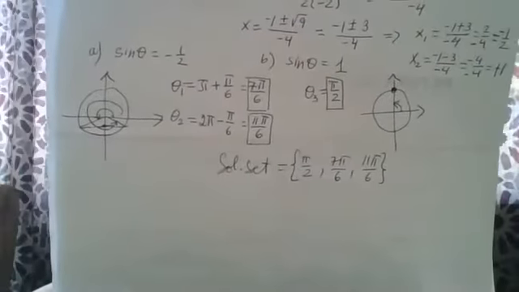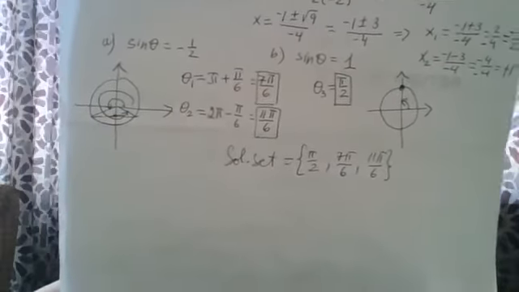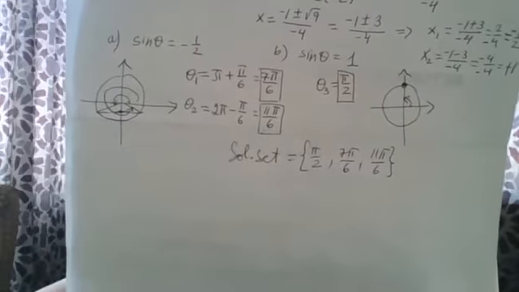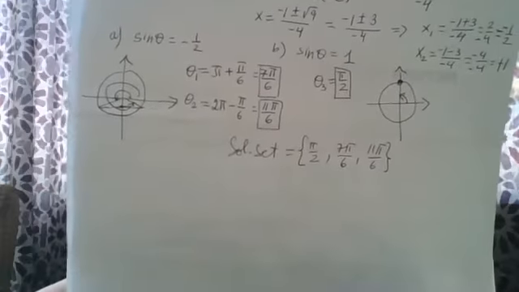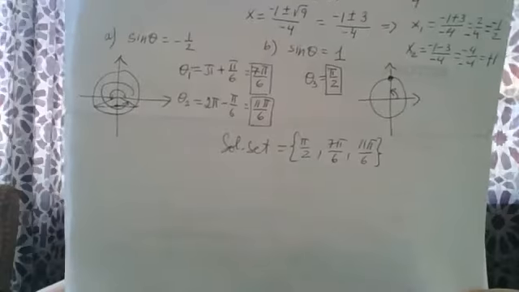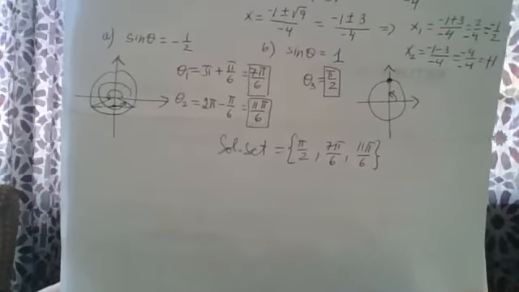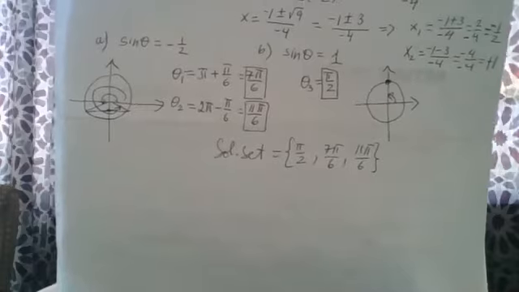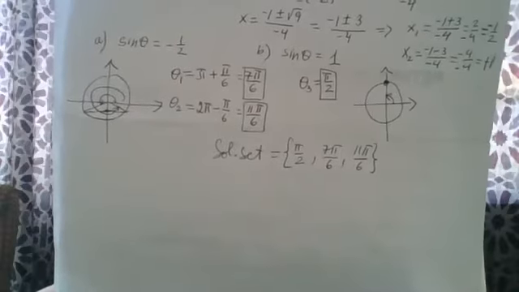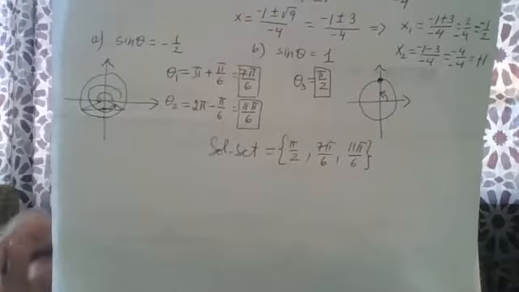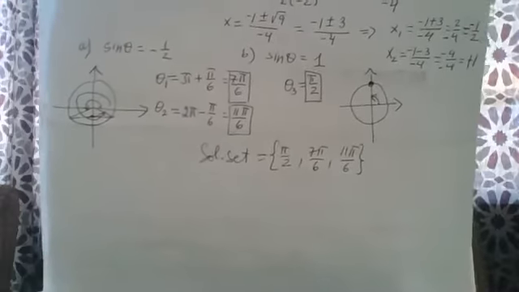So which means don't panic if you see different functions. For example, in problem number 70, you have tangent and you have cotangent. If I were you, I would change cotangent to tangent, like 1 over tangent theta. So it will be tangent theta equals 1 over tangent theta.